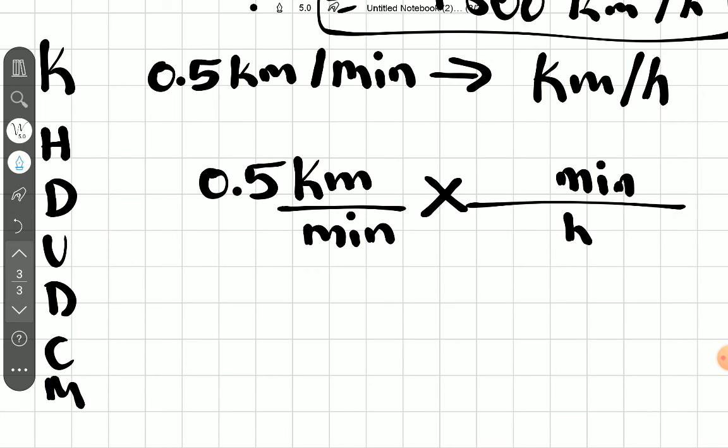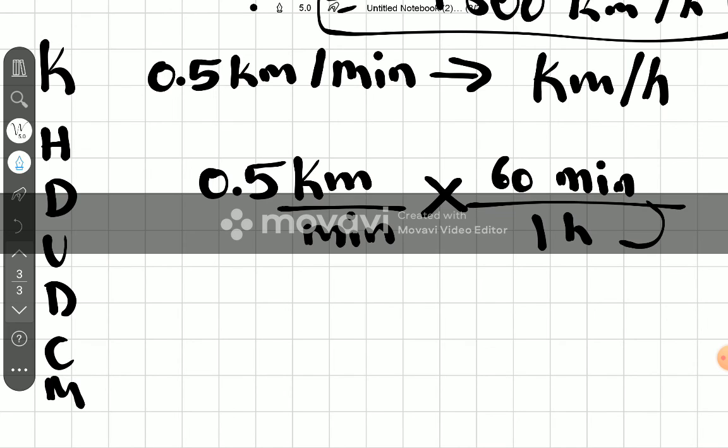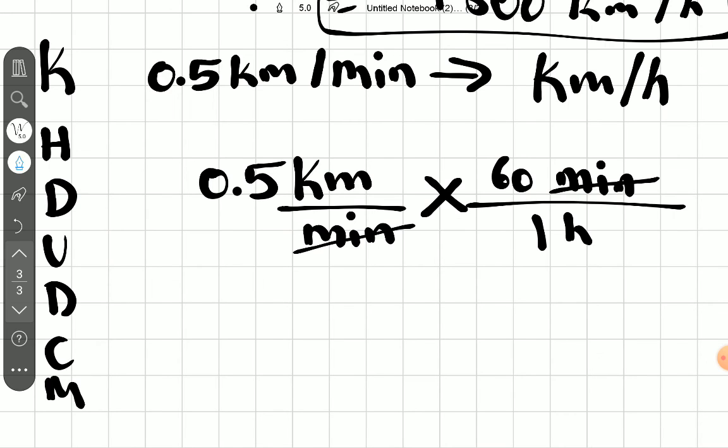And then in 1 hour, there's 60 minutes. Again, the way you know which one to actually write is the larger one was always going to be 1, and that way we know what the conversion is for the smaller unit. Okay, so then we can cancel out minutes, and you can see we have hours on the bottom and kilometers on the top, so it simplifies to kilometers per hour.